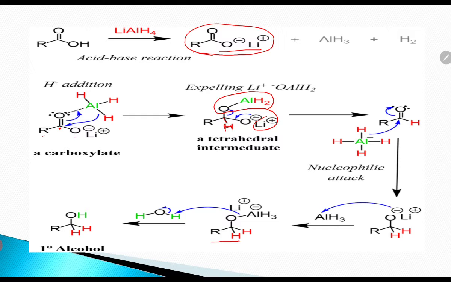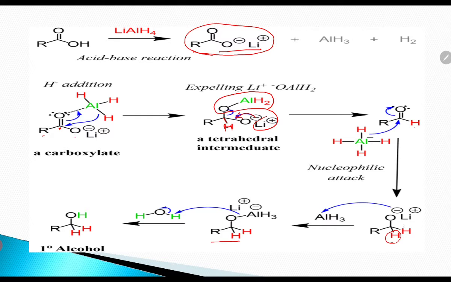The electrons are shifted between this carbon atom and oxygen, and we are getting R-CHO. This again reacts with the nucleophile, and again the addition of hydride ion takes place, that is, one more hydrogen is added in the product.